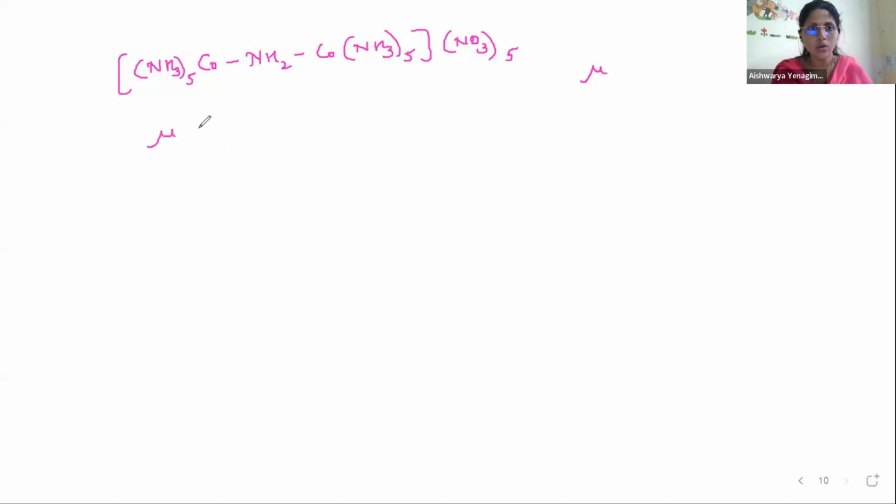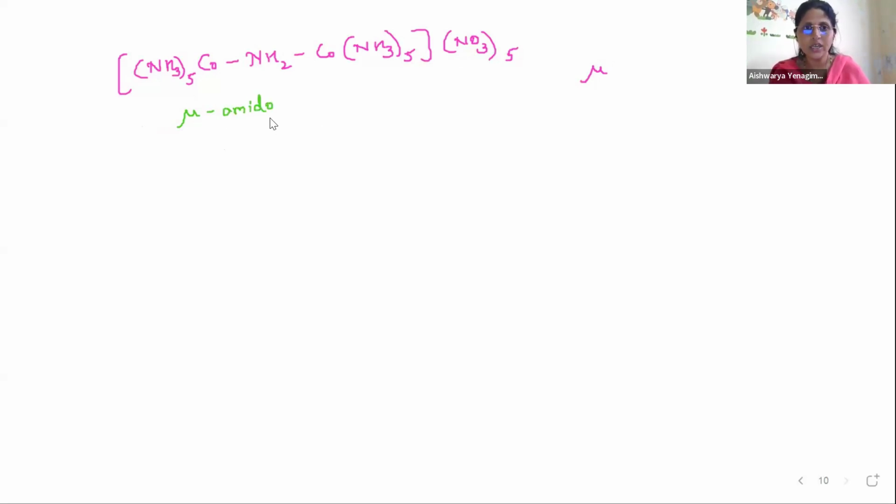So mu, I'll write it like this. So the name of the compound is: mu states that you are naming the bridging group. So mu, it is written as amido, NH2.